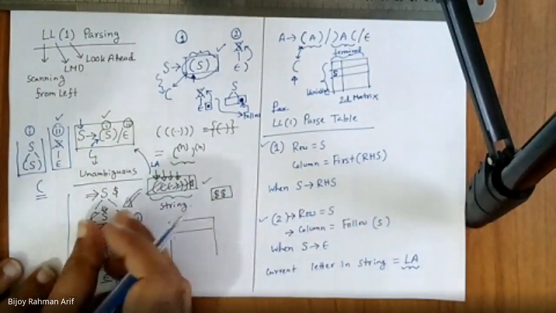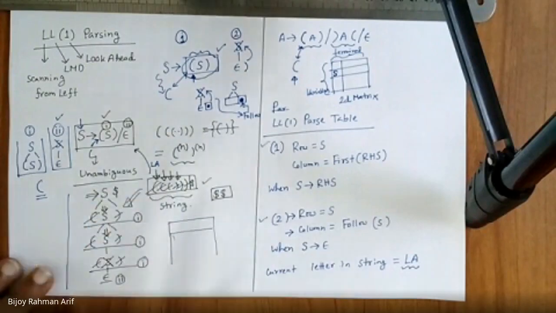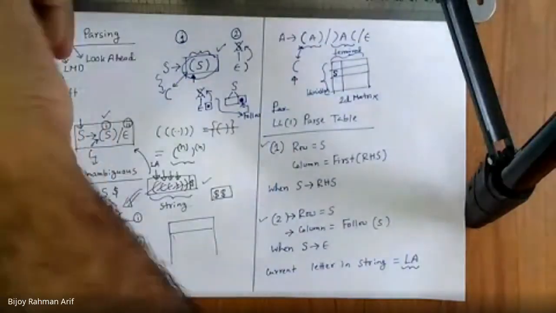Using that, I am going to derive the particular production. Is that clear to you, the process? Yes, sir. Now let's take an example, and it will become very clear.